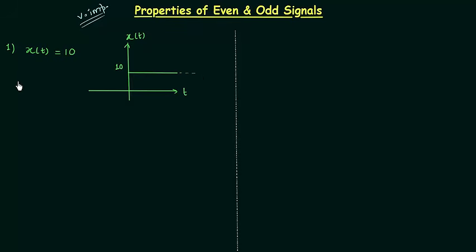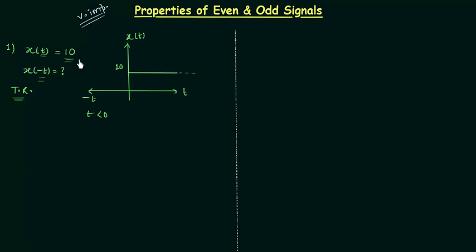And to find the even component and the odd component, we need x(-t), and we can easily obtain x(-t) by performing the time reversal or folding. So in place of t we will have minus t, and we need to find the waveform when time t is negative.